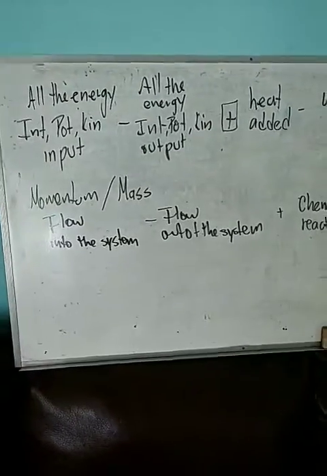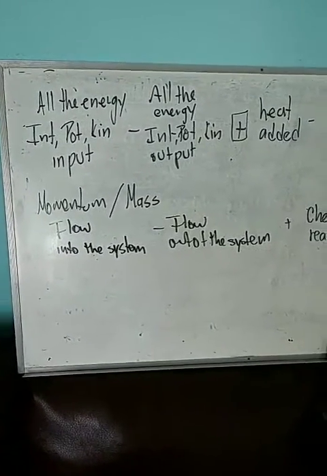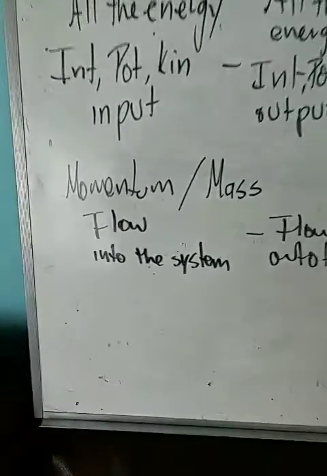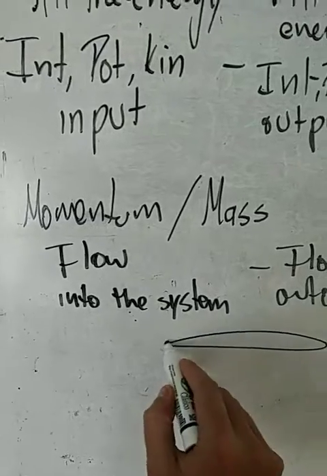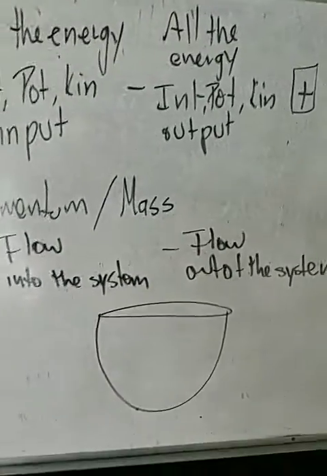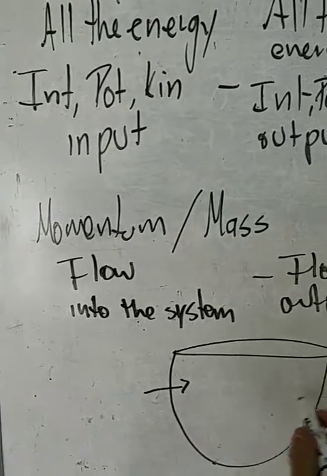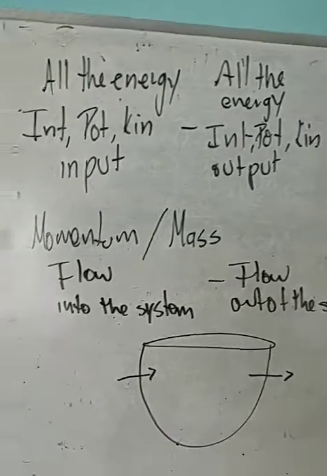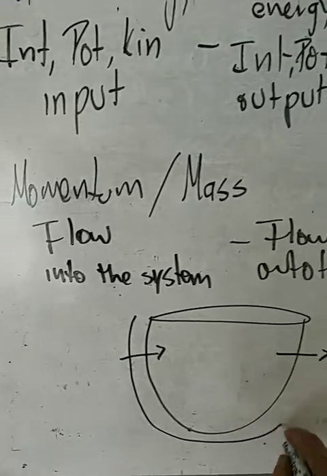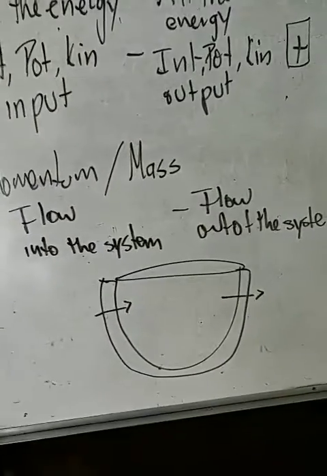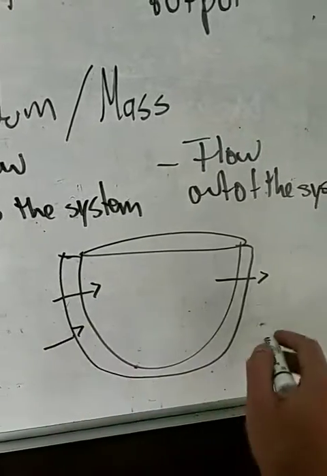Why do we care about this? Well, we care about this for one simple detail. Because if we have, for example, a system that is entering one mass and leaving one mass, but we have a heat consideration in it, we have to consider everything.